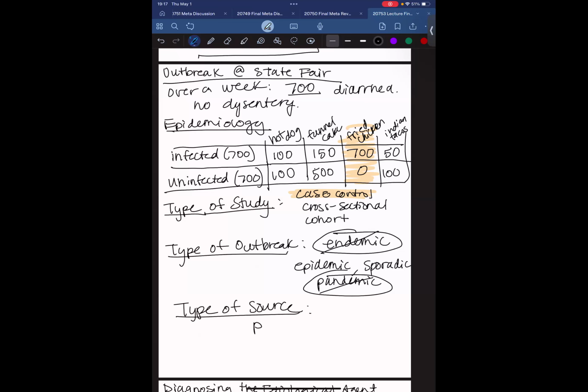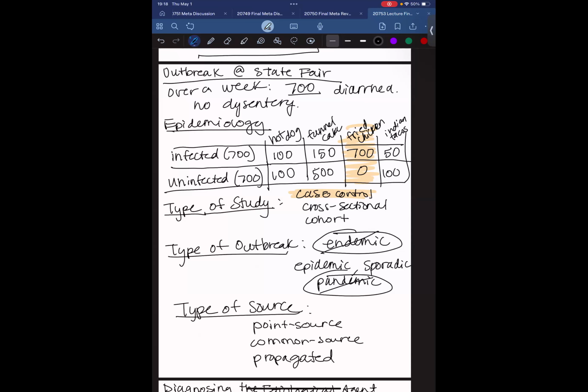Is this a point source, a common source, or is it a propagated? All right, that's all right. So it's not point source, right?